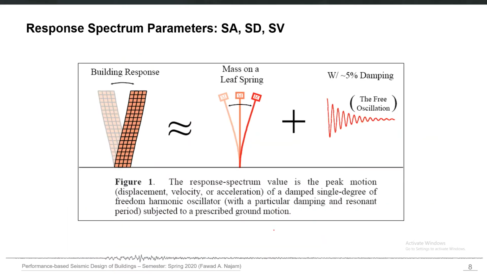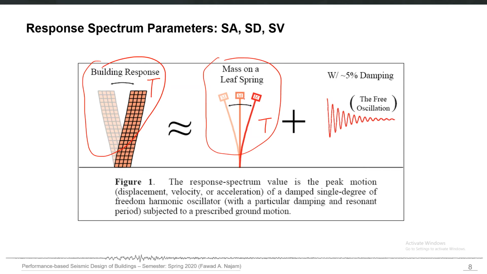So here you have the actual building response, and approximately it can be represented by this mass on a spring system, that if you have the same time period of this system, same as the actual time period of the building, then you can say that this can crudely represent the response of your structure.